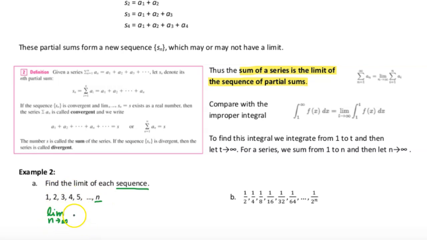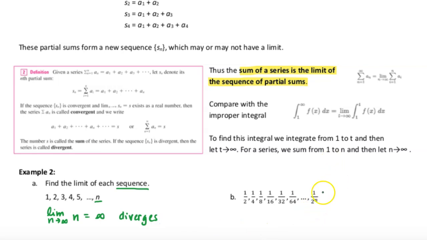So I'm just finding the limit as n approaches infinity of n. And all I have to do is plug infinity into n, and I get infinity. So I found that the limit of this first sequence is infinity. So this sequence does not converge. And I can write that this sequence diverges.